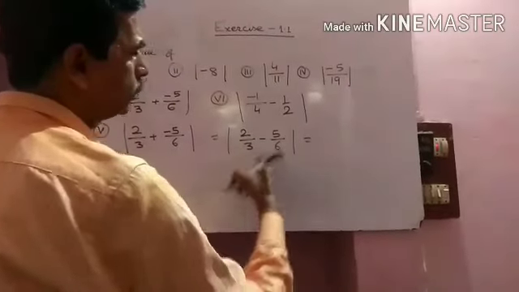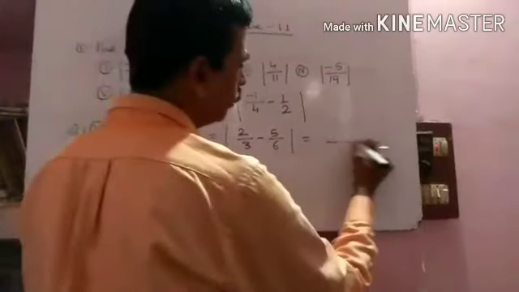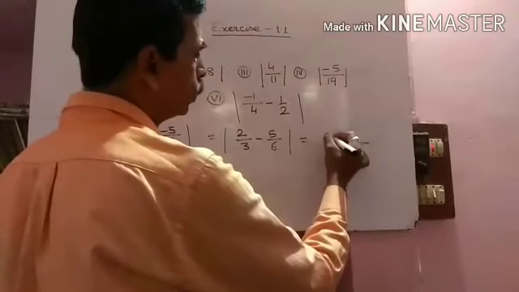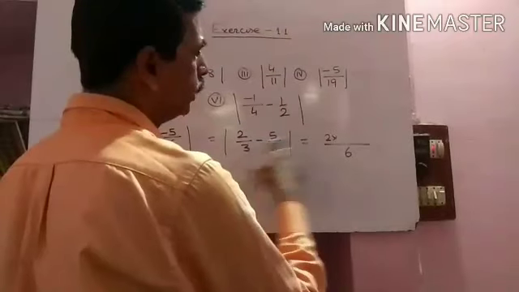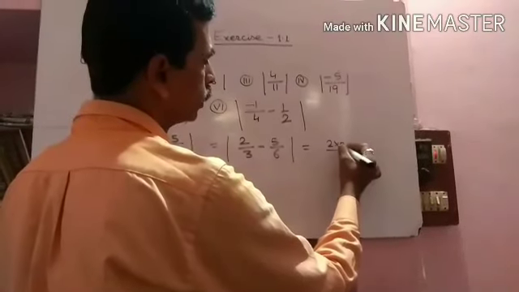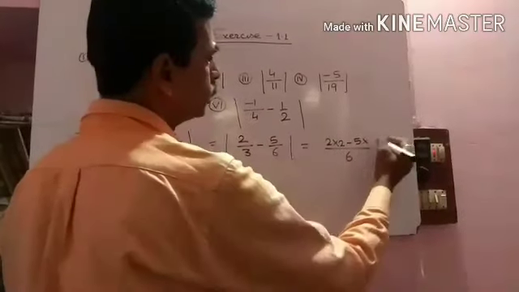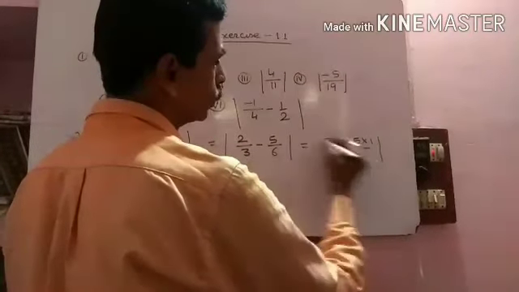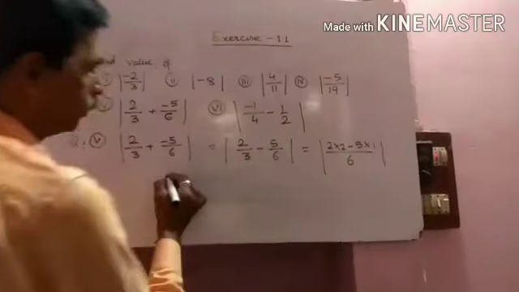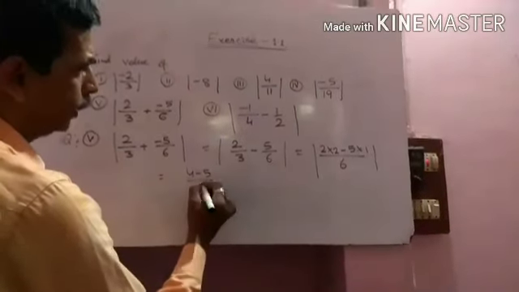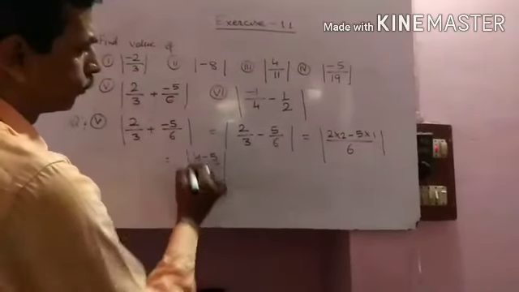The next one is, the LCM of these two numbers becomes 6. So 2 into 3, 2 threes are 6, minus 5 into 6, 1 six is 6. So inside mode, what will we get? 4 minus 5 by 6.